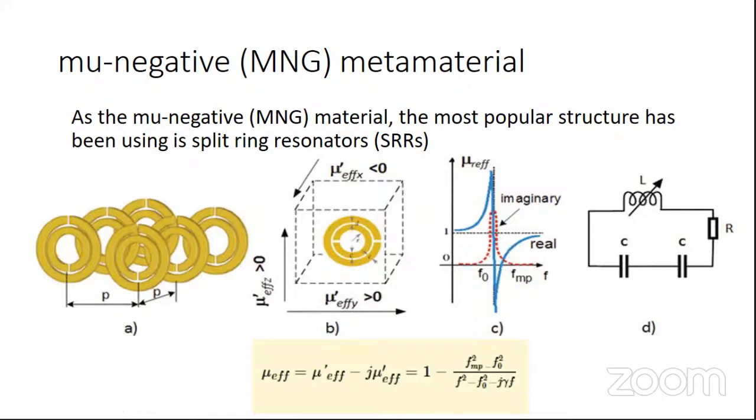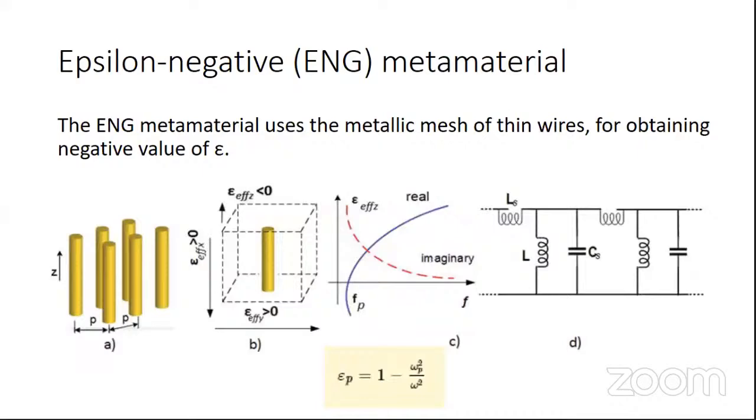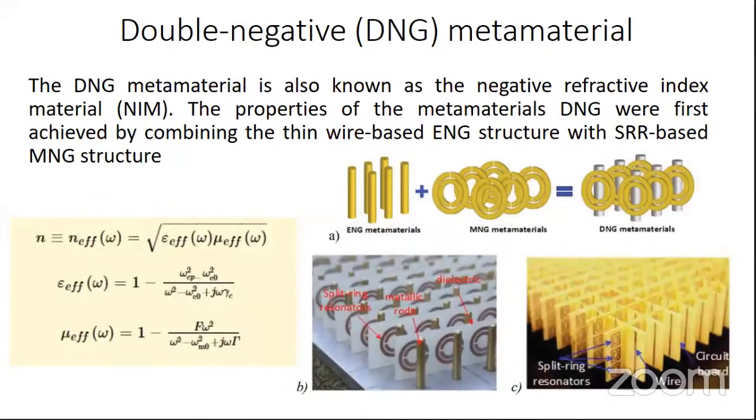So this is a negative permeability metamaterial. When you combine the negative permittivity meshed thin wires with the split ring resonators, you get a negative refractive index material. We call it a double negative metamaterial, or NIM, which is a negative refractive index material.